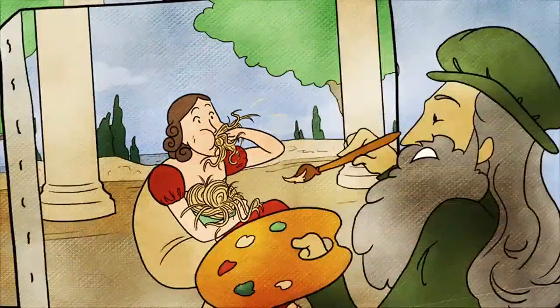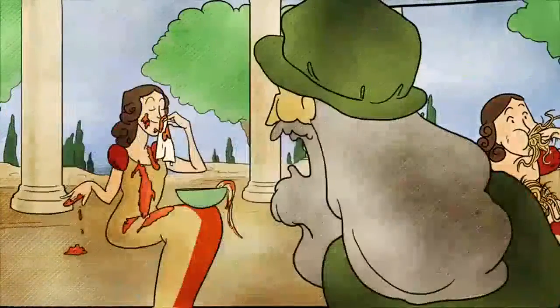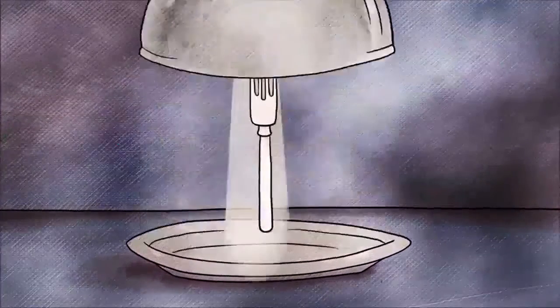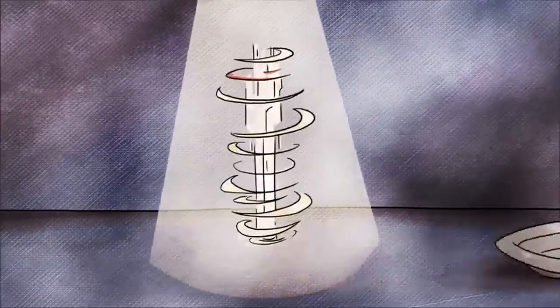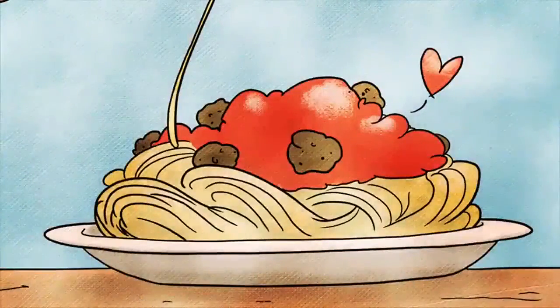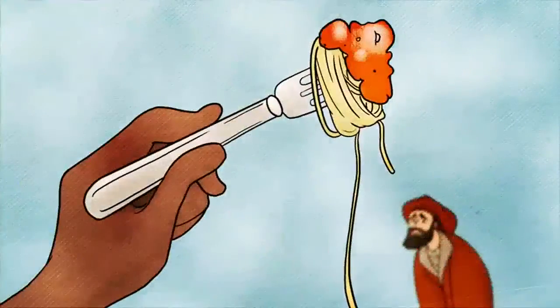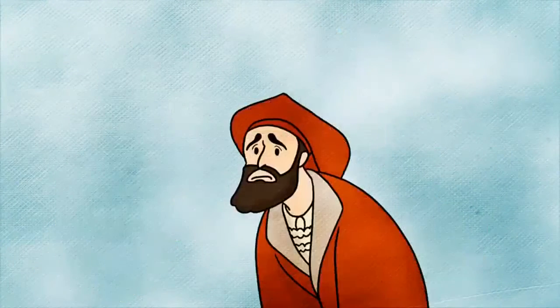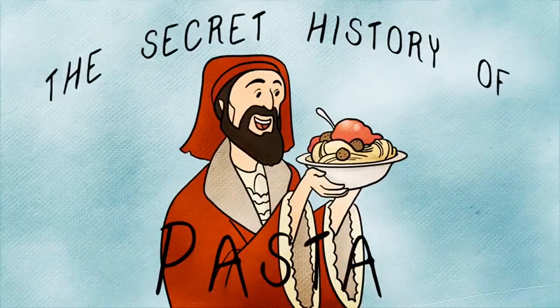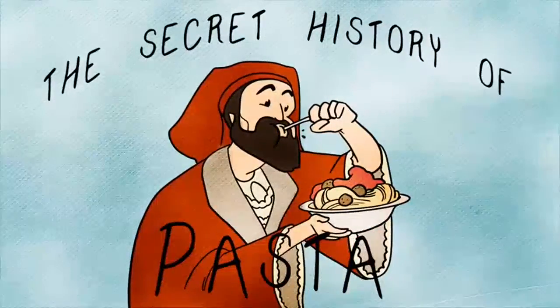And with tomato sauce on the horizon, you can just imagine. But thankfully, there was a hero waiting in the shadows. Forks had never been big in Italy, but this was a match made in heaven. So if you love chowing down on spaghetti, it might be better to thank your fork rather than Marco Polo. It took an awfully long time to become what it is today, but there's plenty to go around. Just, hey, hands off that last meatball, okay?